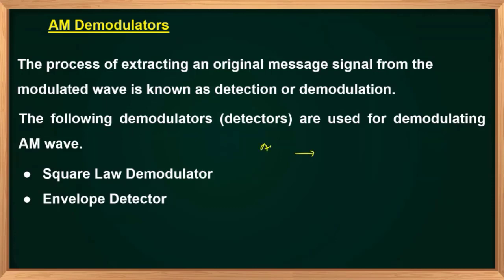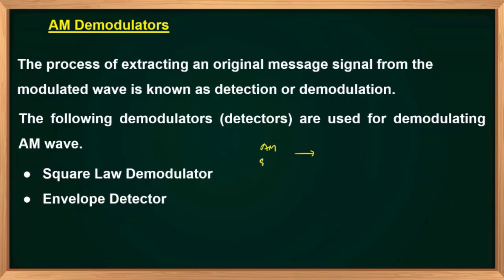So the AM signal is applied to the demodulator circuit, and the demodulator circuit will give the modulating signal, or message signal. So the message signal is extracted from the AM signal using AM demodulators.